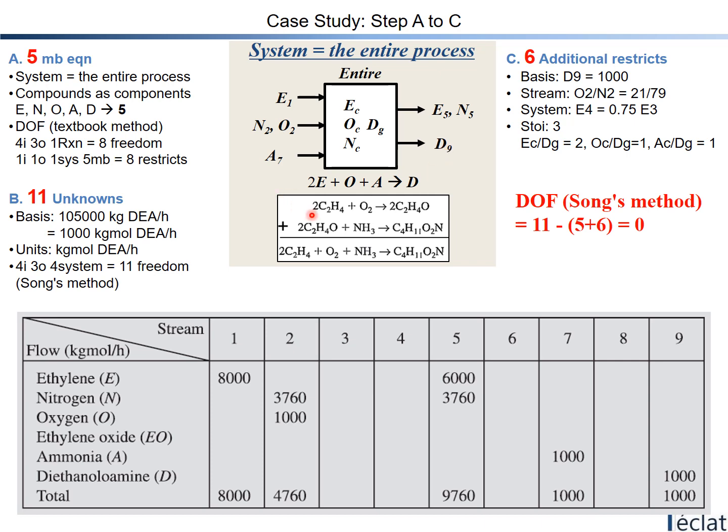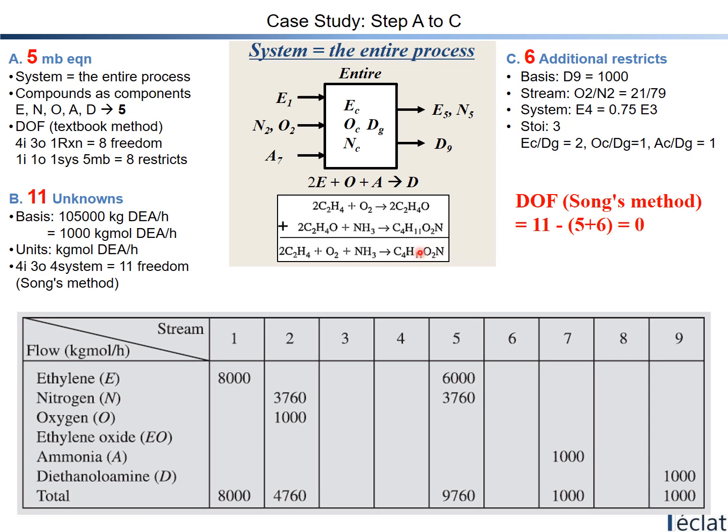For example, this is the first reaction, then the product of the first reaction was the intermediate, and this intermediate is reacted with ammonia going to DEA. So the overall reaction is like that after cancelling this intermediate and this intermediate. So 2 ethylene plus oxygen plus ammonia is going to DEA as the desired product.